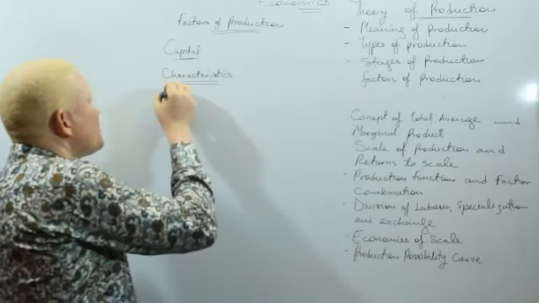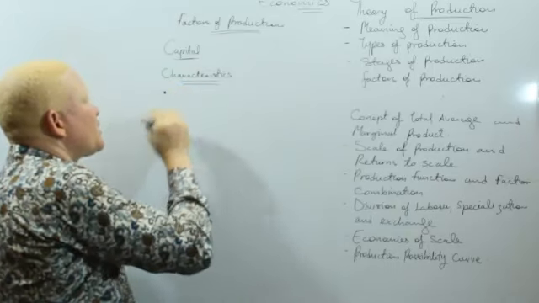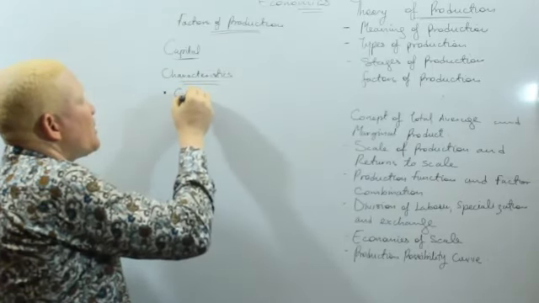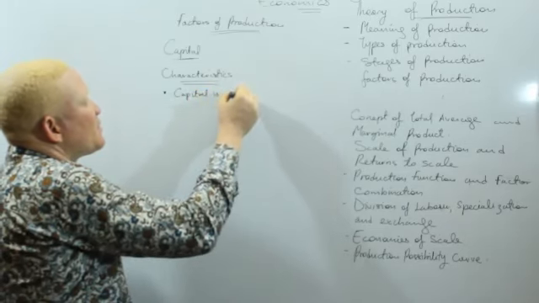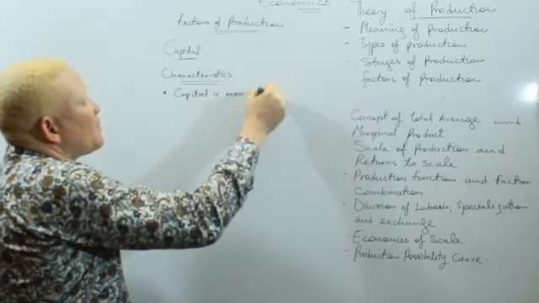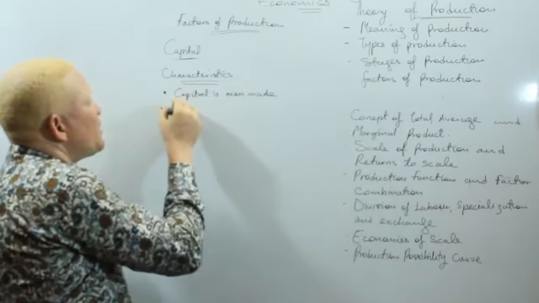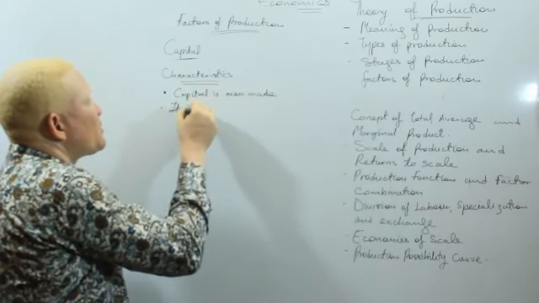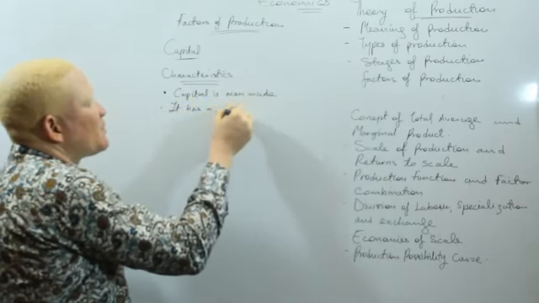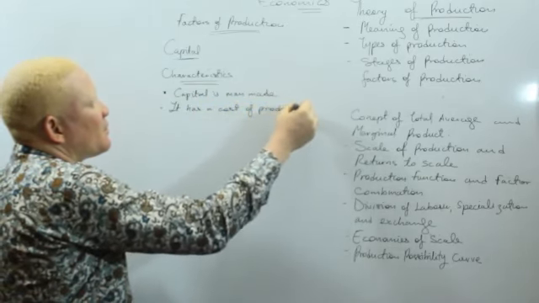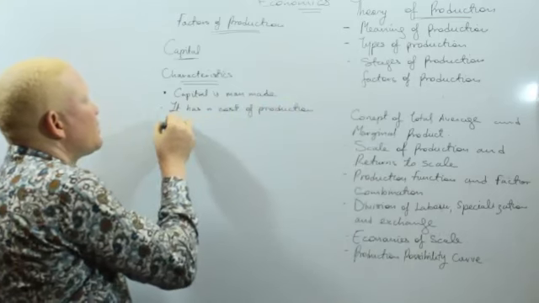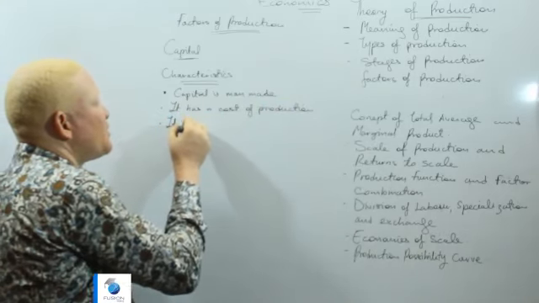First of all, capital is man-made. Of course, if it's man-made, then what? It has a cost of production. It exists as intermediate goods.